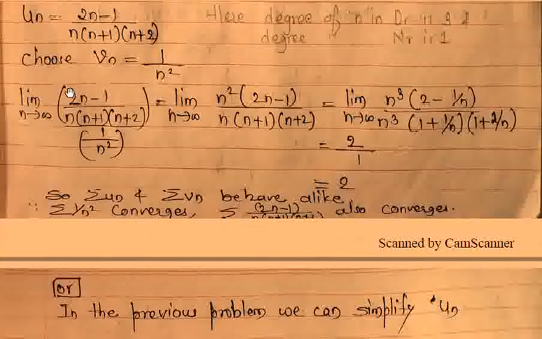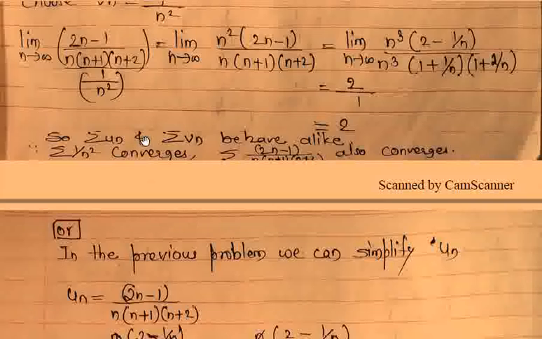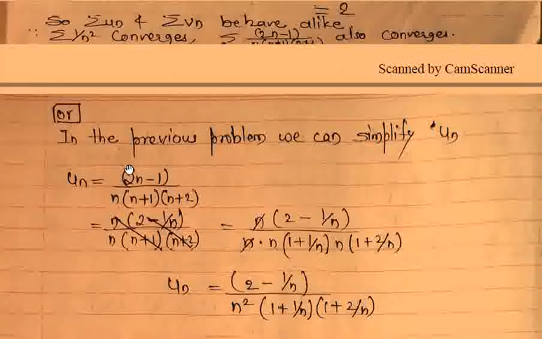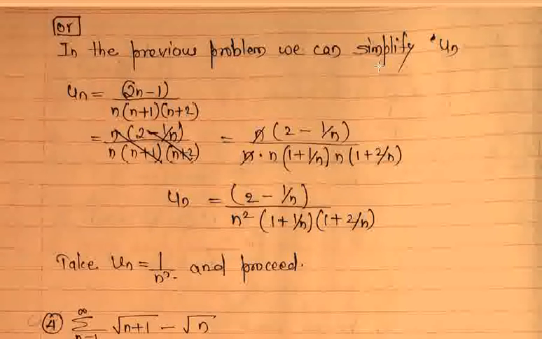So you're going to divide un by vn as the limit as n approaches infinity. You can take out n cubed here, cancel it down, 1 divided by infinity is 0, so you're going to get 2 divided by 1, which is 2. So as the sum of un and the sum of vn behave alike, this converges, so this also converges. In the previous problem we can simplify un.